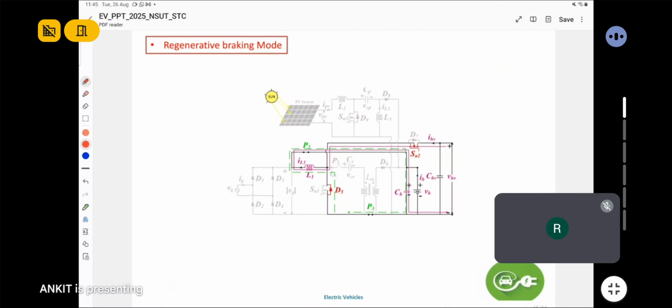In regenerative braking, switch SA2 will be in PWM. The converter operates as a buck converter to recover the regenerated energy.